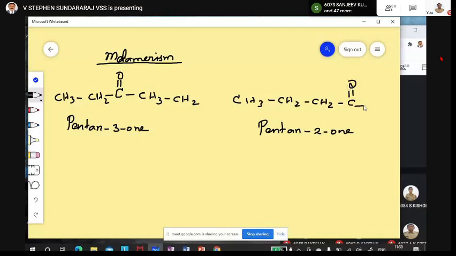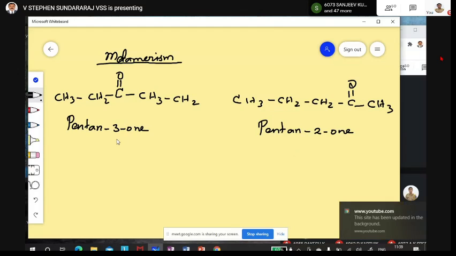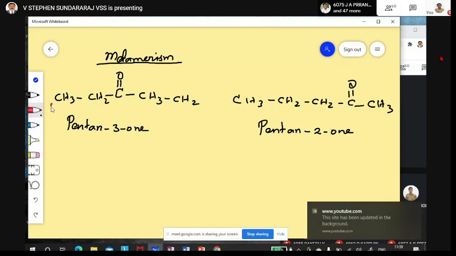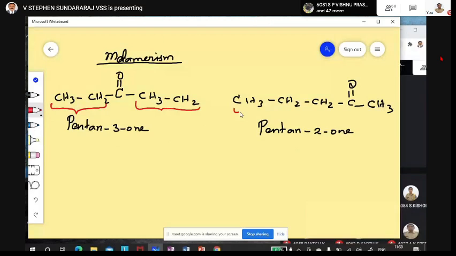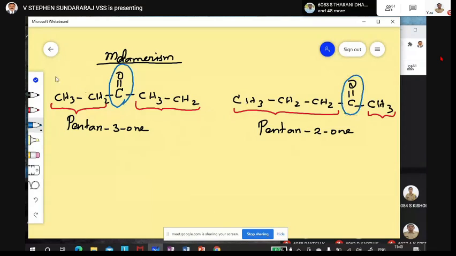Both of them show metamerism. This is one side of the functional group and this is another side. The functional group is CO. Here there are two carbon atoms and two carbon atoms; there, three carbon atoms and one carbon atom.